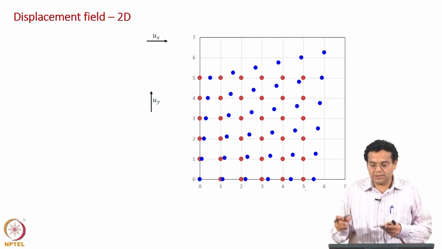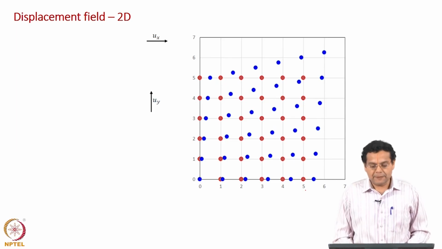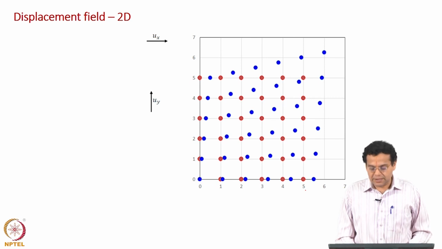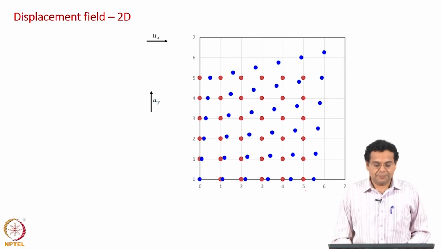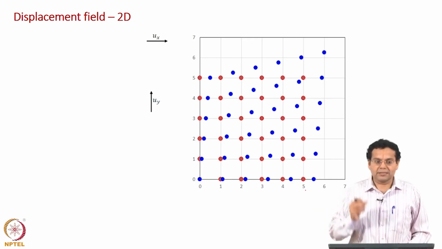The blue dots represent the same points in the deformed state, and then we said Ux represents the horizontal displacement, which is nothing but the difference in the x coordinates of the points. And if you focus, the difference in x coordinate, which is x displacement, keeps changing in the x direction, also in the y direction.